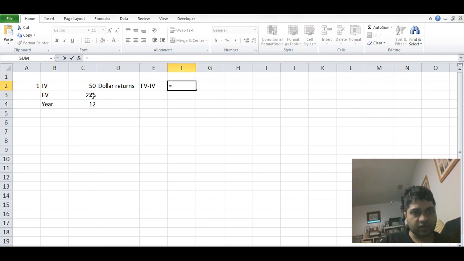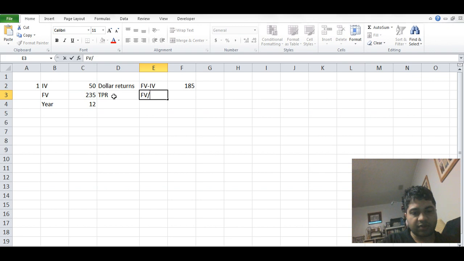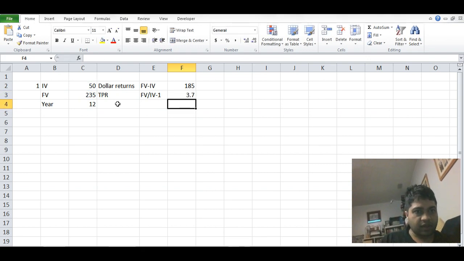Second, they have asked you total percentage return. Total percentage return is final value divided by initial value minus 1. So it will be simply 235 divided by 50 minus 1. In percentage terms it is 370%.